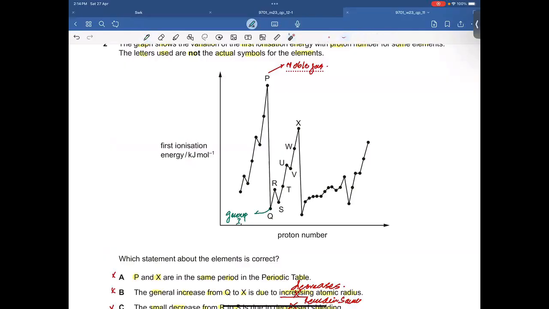So this is group 1, group 2, 3, 14, 15, 16. So U is found in group 15, and so it has 5 valence electrons. 5 valence electrons means the s orbital contains 2 electrons and the p orbital contains 3.